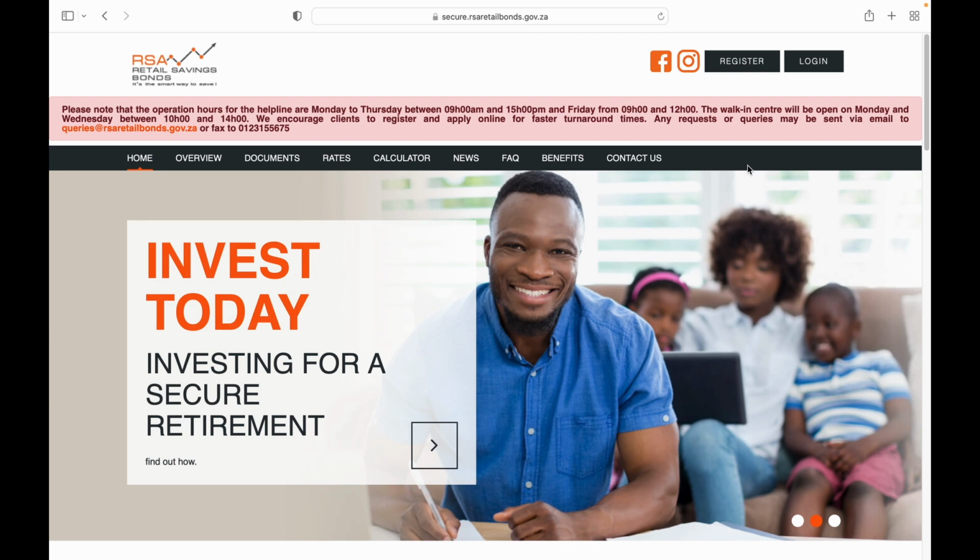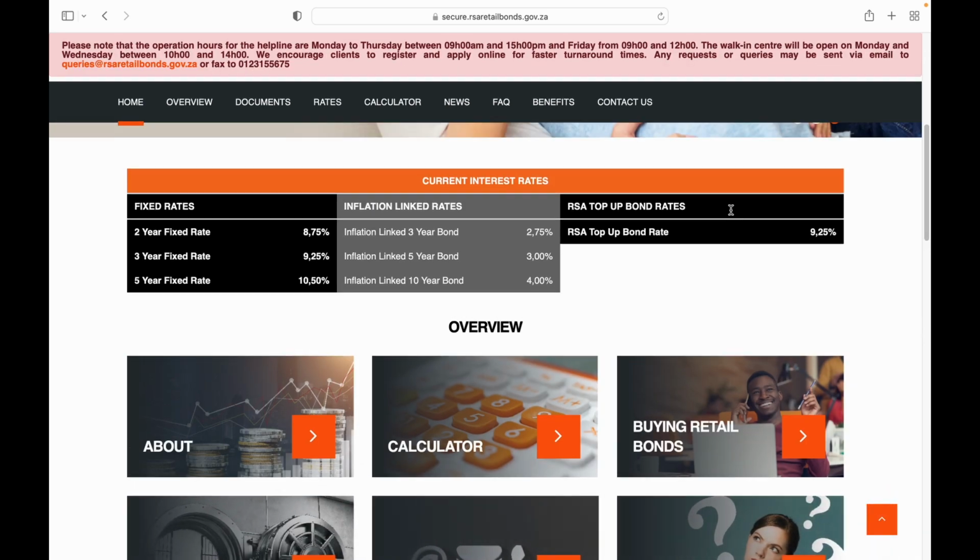The reason for that is that you can see that the interest rate for the 5-year fixed bond is about 10.5%. This means that if you invest in the government savings bond for 5 years using the fixed rate, you can expect to get about 10.5% on your investment.